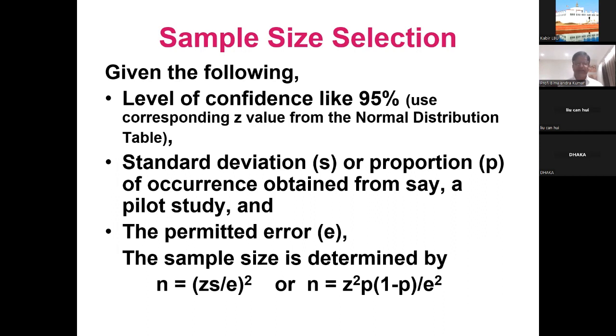So n is equal to (ZS/E) squared, or n is equal to Z squared P(1 minus P)/E squared. Through this we can make a determination, or a selection, of how the size of the population can be selected.